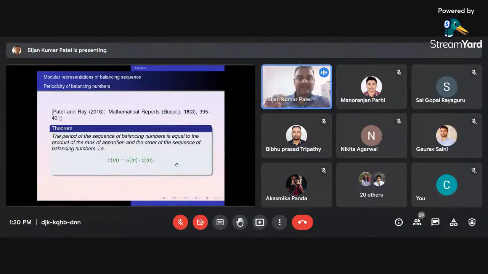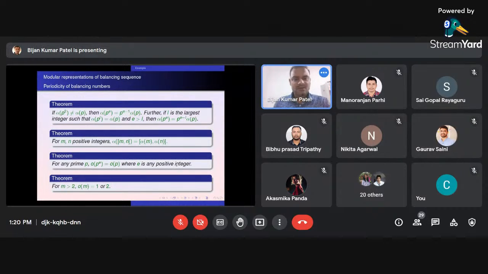We established an interesting result related to the period, rank, and order. This result says that the period of the balancing sequence modulo m is equal to the multiplication of the rank and order modulo m. So basically, rank times order is equal to your period. That was established in 2016.